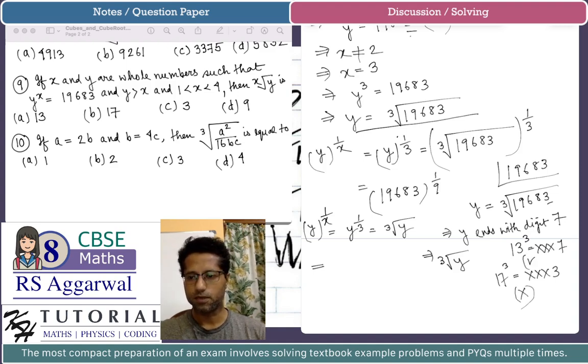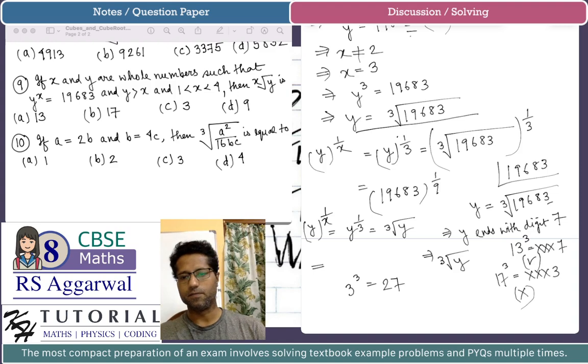This can possibly be a correct choice, but again, choice C is 3. 3 cubed is 27, which ends with 7. Let me check.